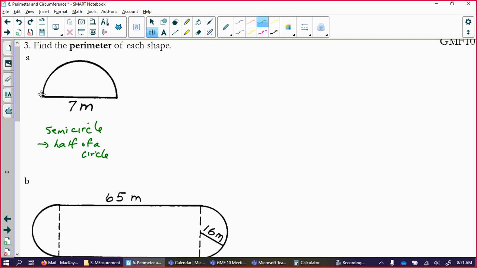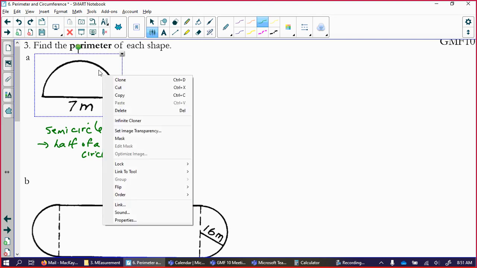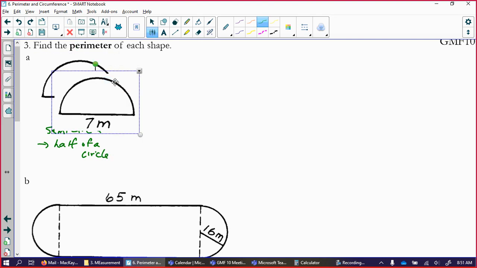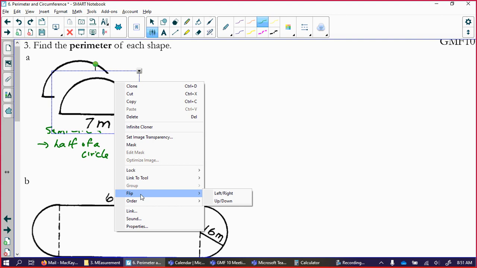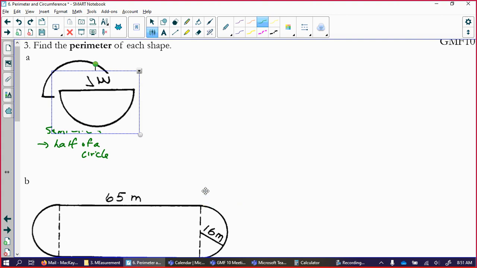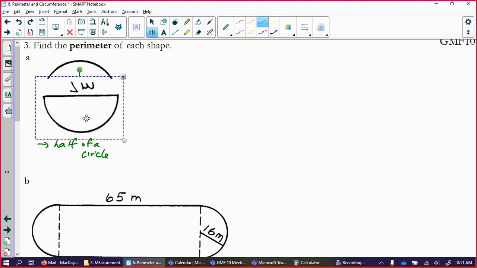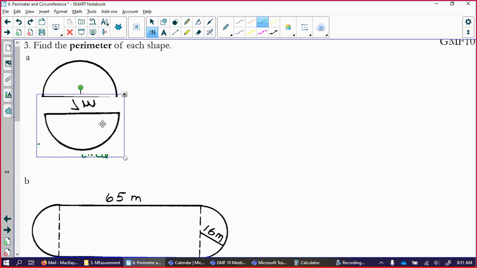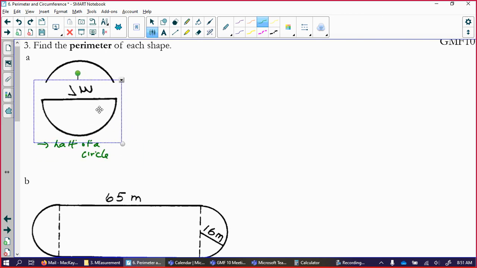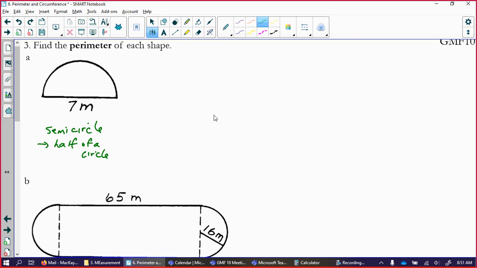So if I want to find the perimeter, the numbers are not going to work out all that well. But I have half of a circle. So can we find the circumference of half a circle given the diameter?